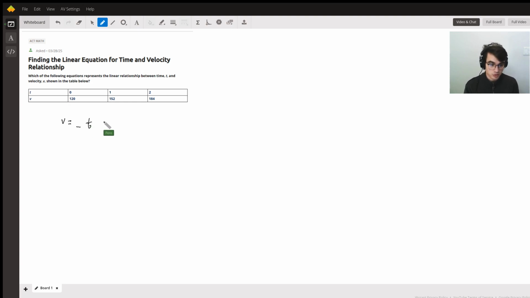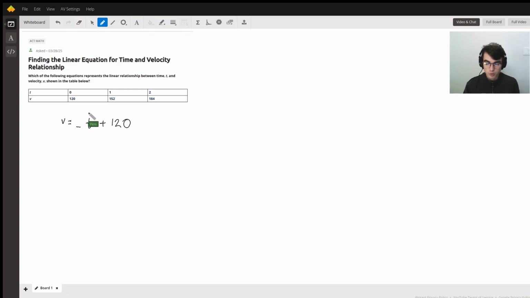But what we can say is that at 0t, it's 120. So we should add 120 to this formula for v.